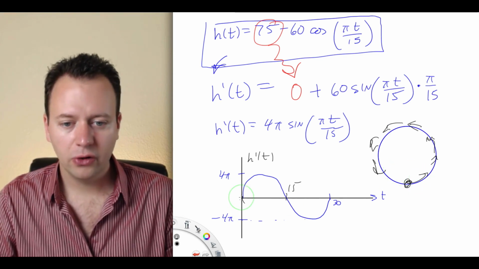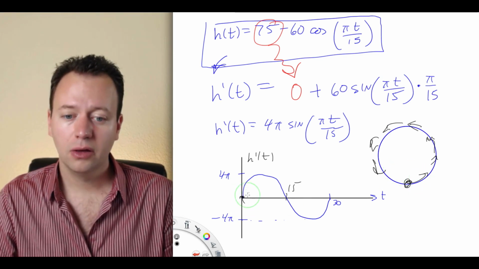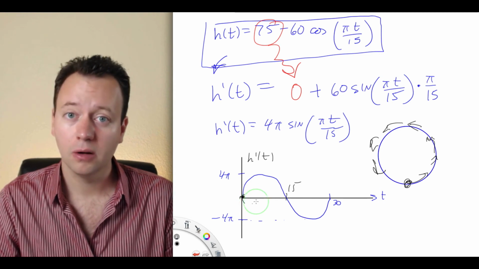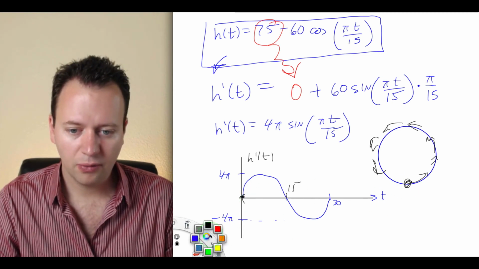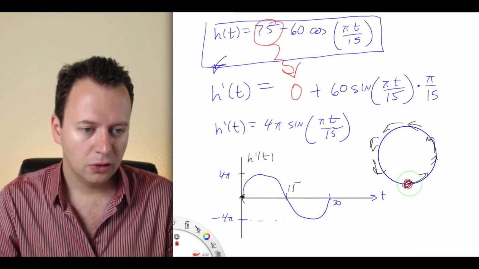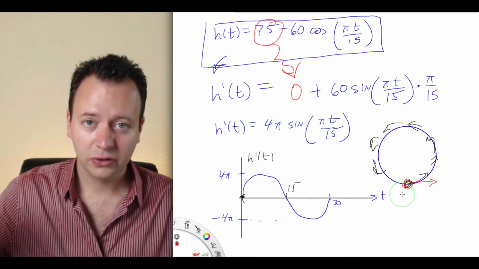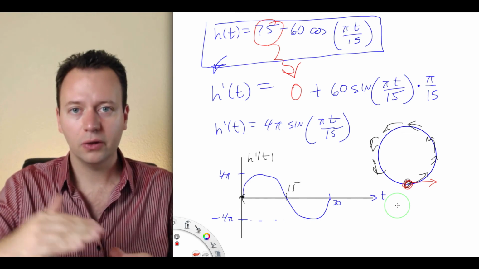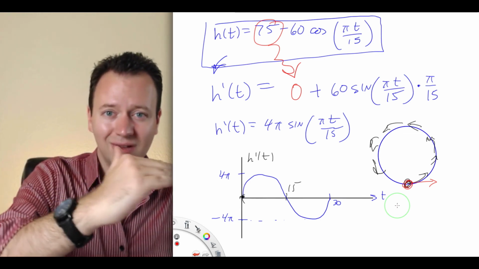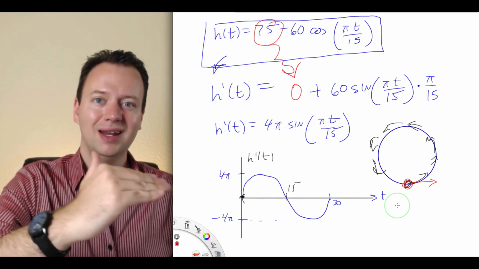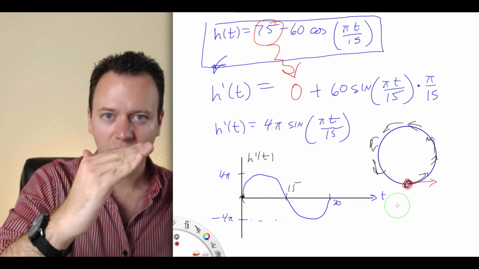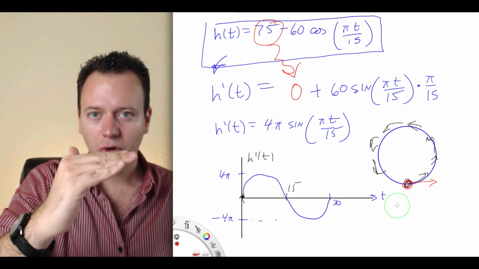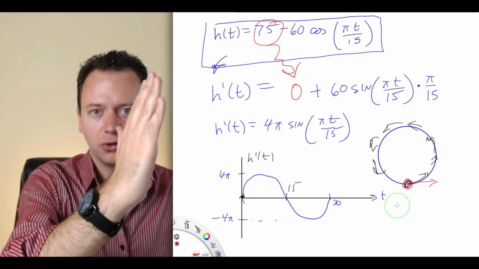And also note that initially the rate of change of your altitude is 0. That's because initially when you're at the bottom, your velocity vector is to the right, it's horizontal because you're moving along the rim of the wheel. So when you're at the bottom, you're just moving this way, so you don't have any increase in height. And then as you start to go along the circle, you start to increase in height faster and faster.